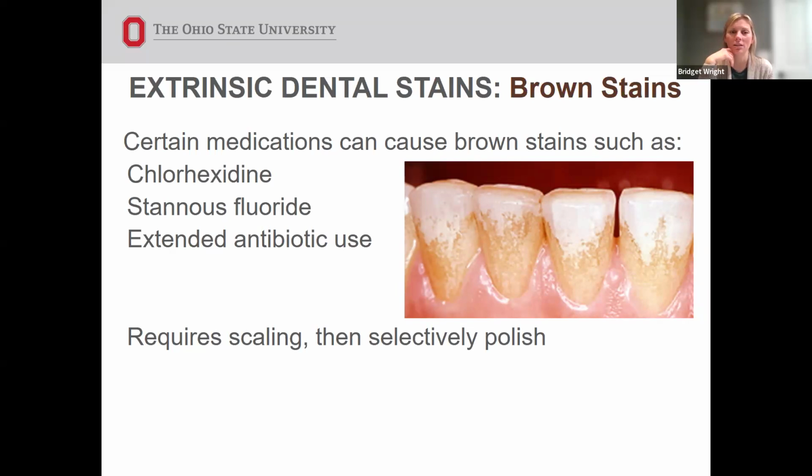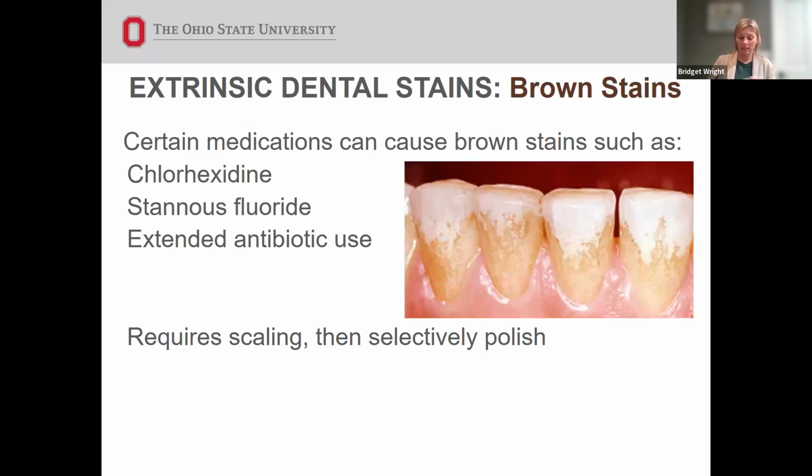So it's a great product, and we're not going to stop recommending it. Since stain is just aesthetic, patients might not love it, but at least the goal of the mouthwash is to decrease that inflammation, decrease that bacterial load, decrease the bleeding, and it does a really good job on that.